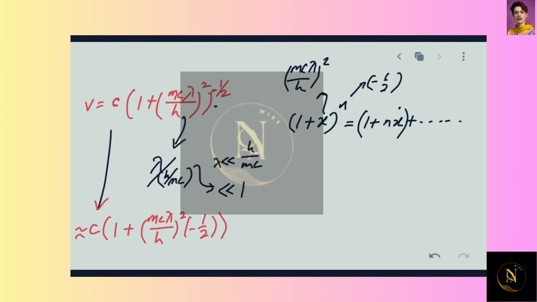This is an approximation to the first order, second term. This equals c times 1 minus half times mc lambda over h, squared.